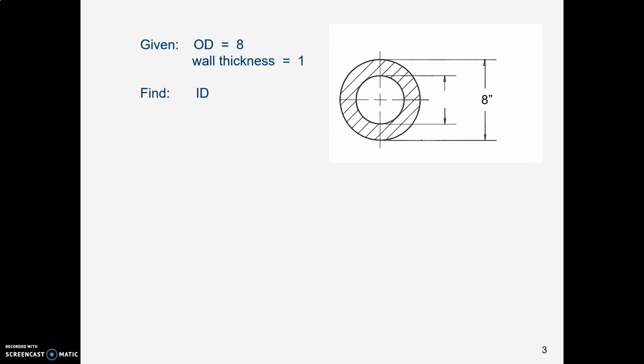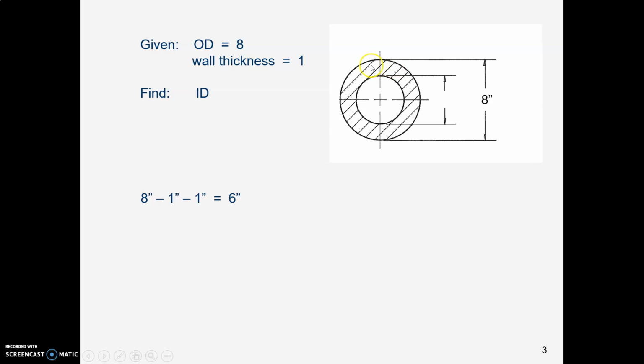Let's try another one. In this one, the outside diameter is 8 inches. They tell us the wall thickness is 1 inch. What is the inside diameter? Be careful here. It's tempting to say, going real fast, 8 minus 1 is 7. No, it's not. Outside diameter is 8.